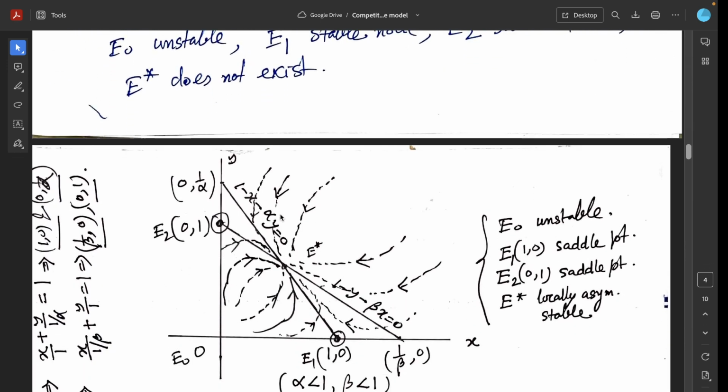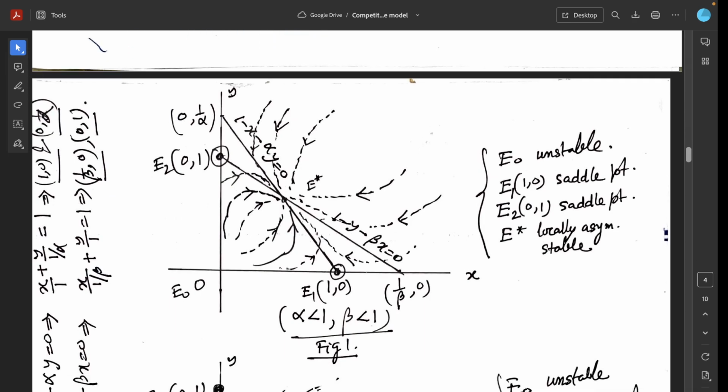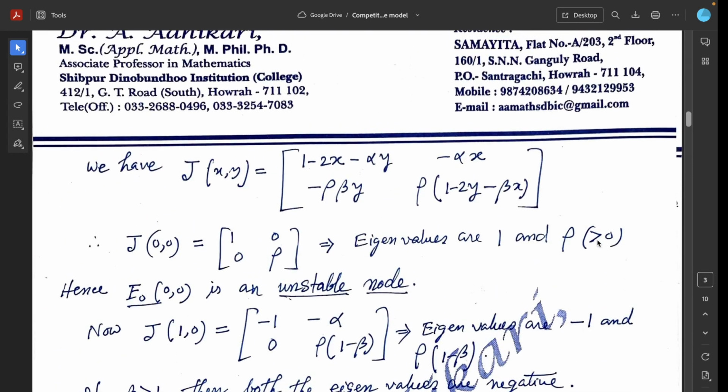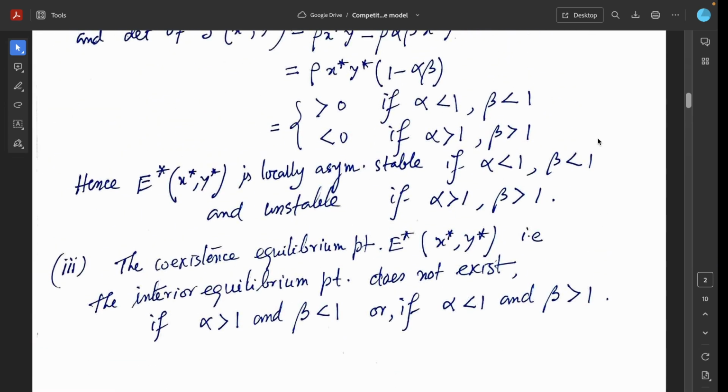So we draw this figure 1. First case, alpha is less than 1, beta is less than 1. Then E0 is unstable. E star is locally asymptotically stable. We already deduced that when alpha is less than 1 and beta is less than 1, E star (x star, y star) is locally asymptotically stable.